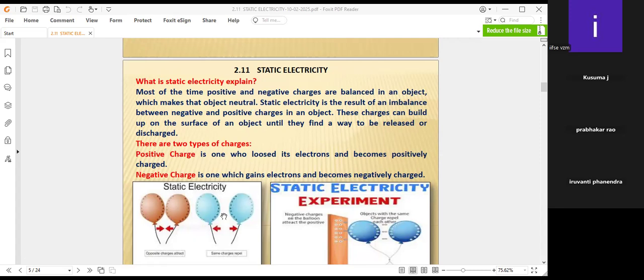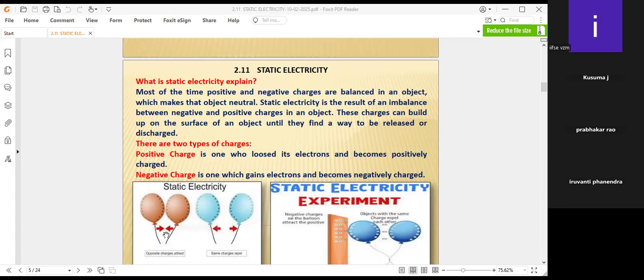Before these objects go near another object, they remain neutral, because the number of positive charges is equivalent to the number of negative charges. Therefore, they repel each other.